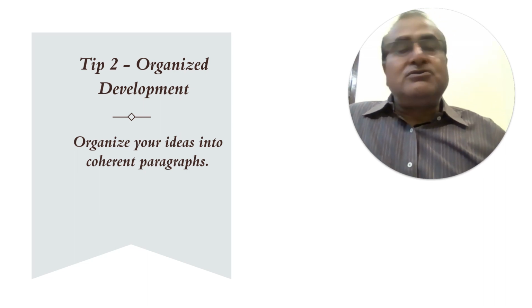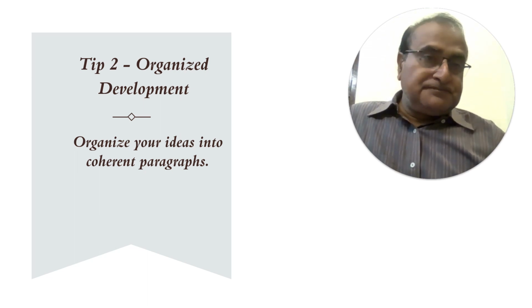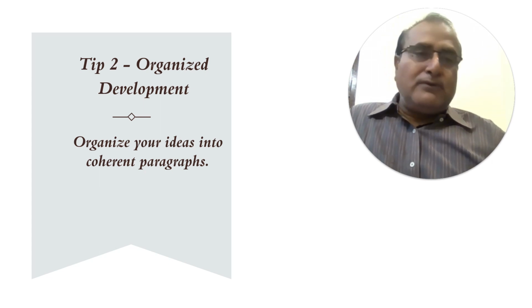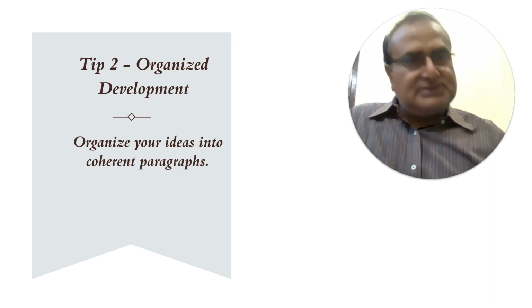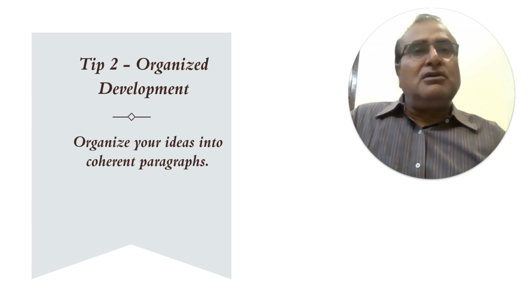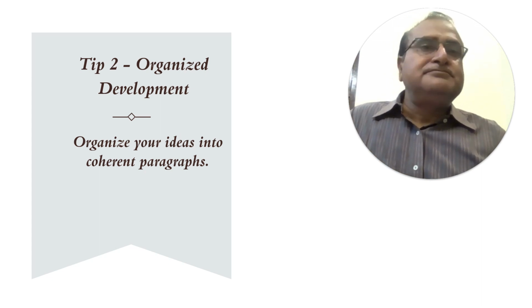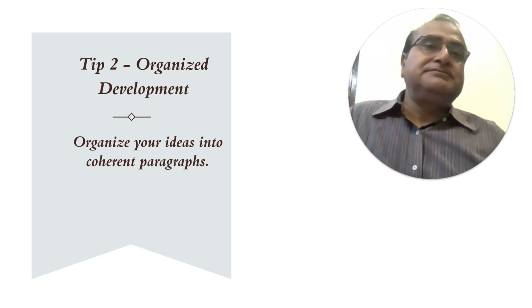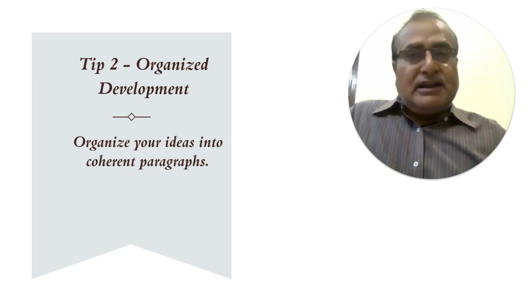Organize your ideas into coherent paragraphs. You know, your article starts with beautiful introductory sentences. You introduce the topic that you want to write or that you are given an assignment to write in clear words.